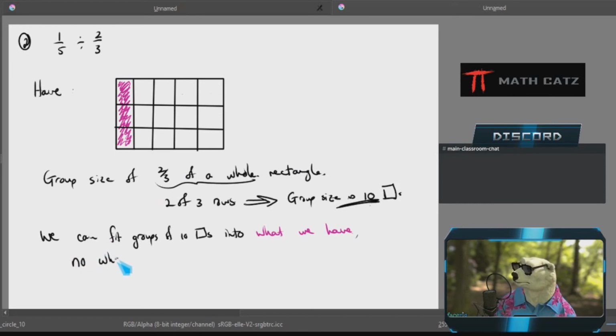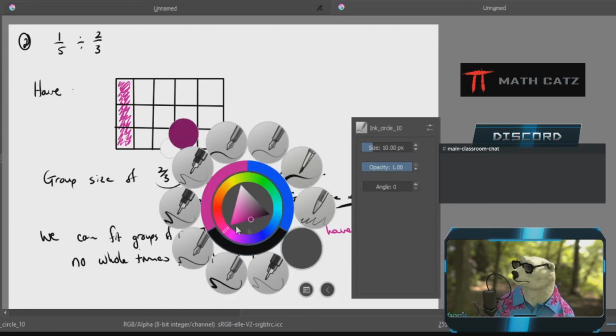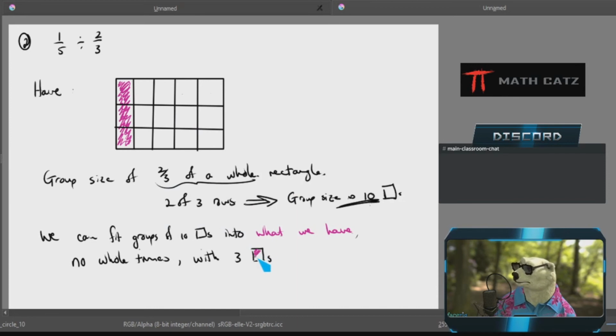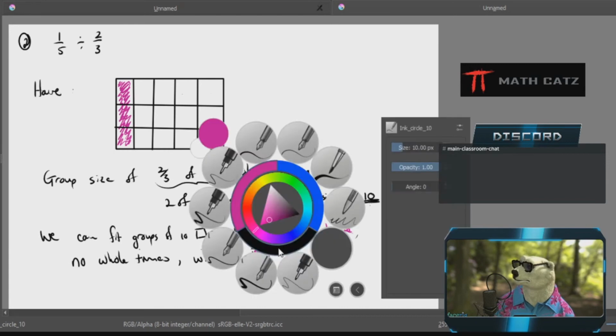No whole times, if you will. With 3 pink pieces. I'm loving this pink. It's not as bright, it's nice. Left over.